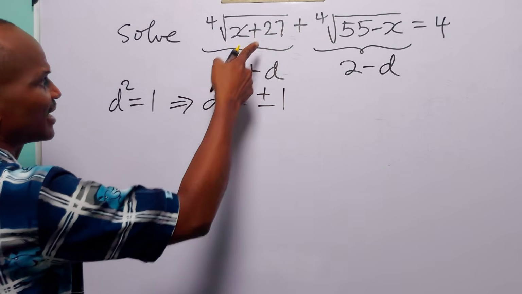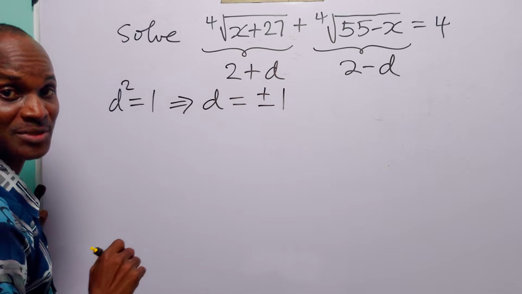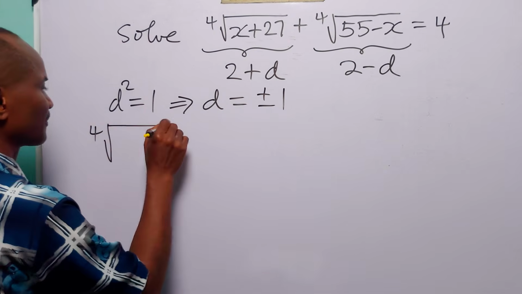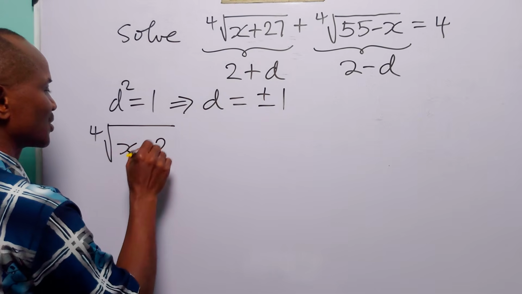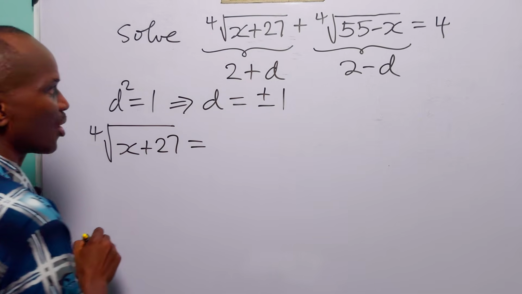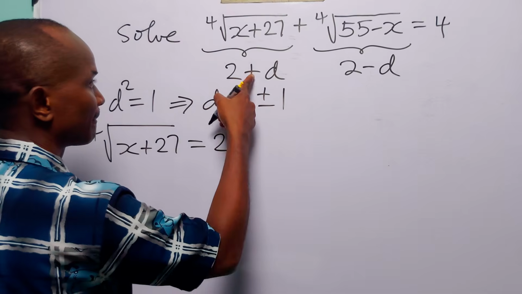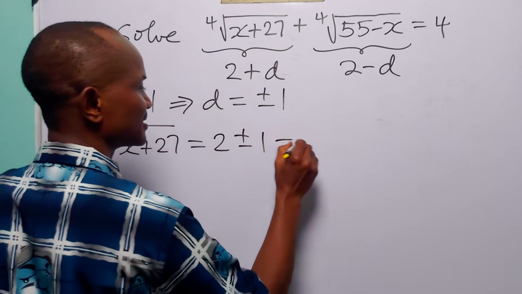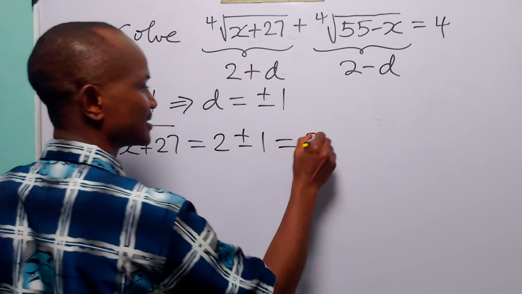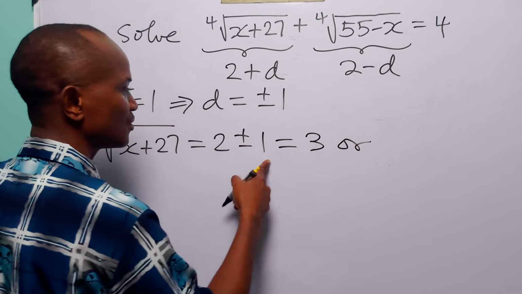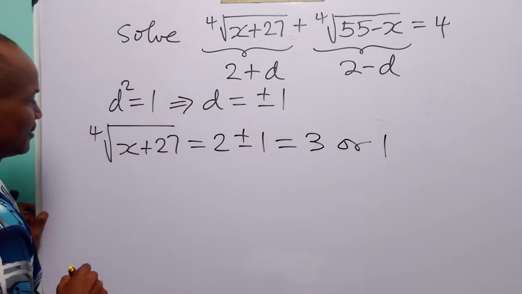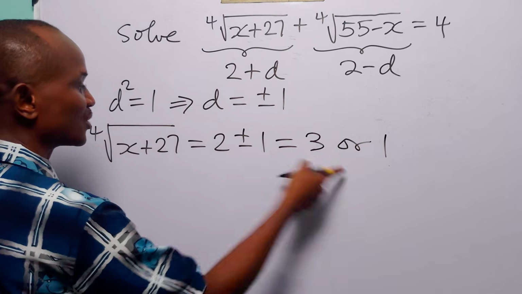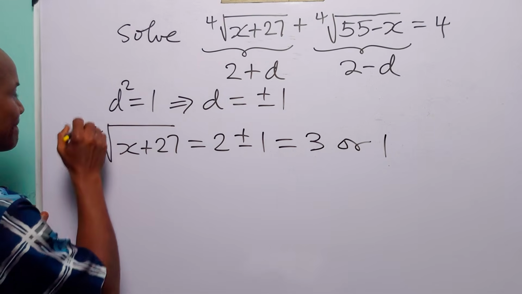Now to find the values of x, let us go back to this substitution equation. We have that the fourth root of x plus 27 is equal to 2 plus or minus 1. This is equal to 2 plus 1 is 3, or 2 minus 1 is 1. Now to get rid of this root, we raise both sides of this equation to power 4.